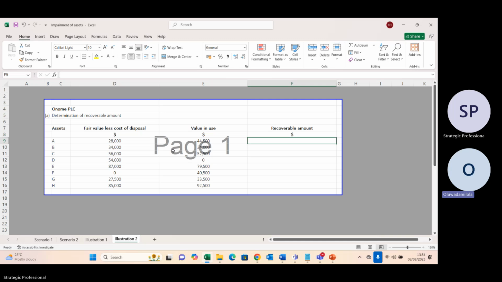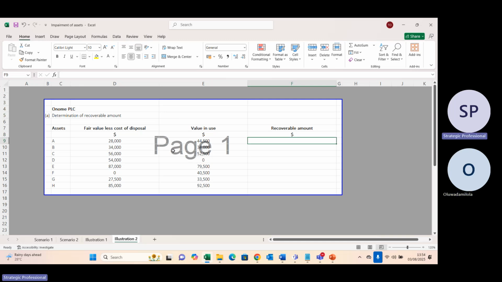Recoverable amount is the amount that we will recover from an asset, from the sale of an asset. I mean, the amount that we realize from the sale of an asset.